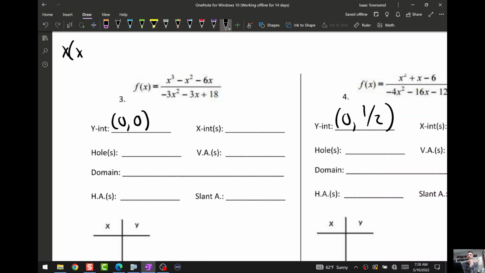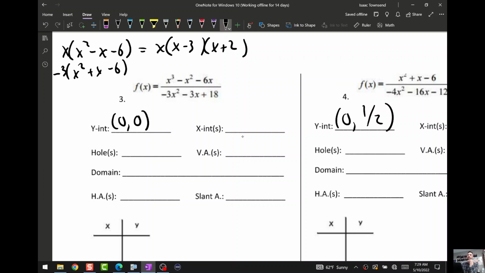The top has a GCF. And after the GCF, it's also got a trinomial. The bottom's got a GCF. Plus the trinomial.